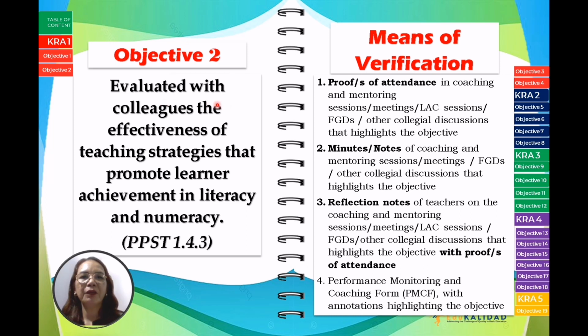Objective 2, evaluated with colleagues the effectiveness of teaching strategies that promote learner achievement in literacy and numeracy under PPST Indicator 1.4.3. Means of verification, proofs of attendance in coaching and mentoring, then minutes, notes of coaching and mentoring, reflection notes of teachers on the coaching and mentoring, and then with proof of attendance and the PMCF or the Performance Monitoring and Coaching Form with annotation.